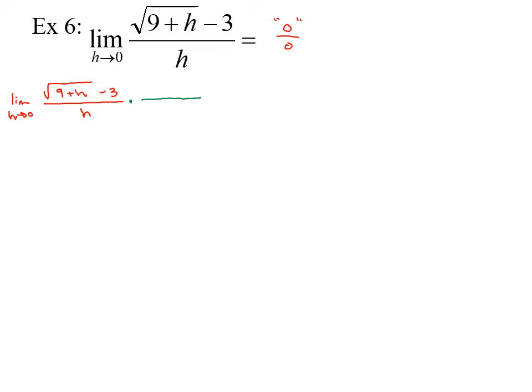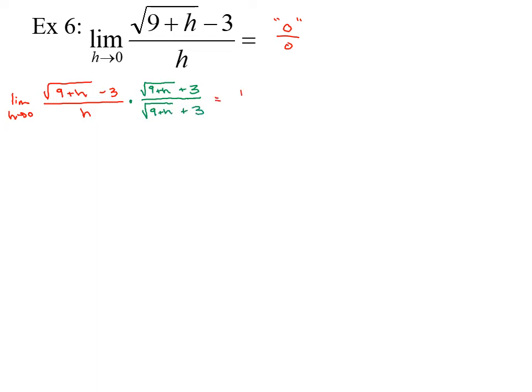This square root is causing the problems. So what I would do is take the square root of 9 plus h, and instead of subtracting 3, let's multiply it by a plus 3. And you'll see why in a second. But in order to not change the problem, I need to do the exact same thing to the denominator.